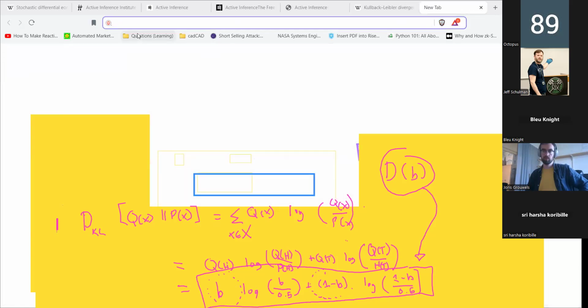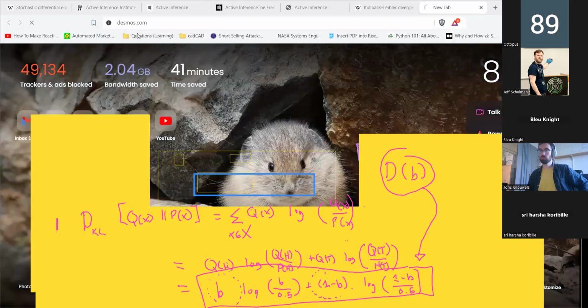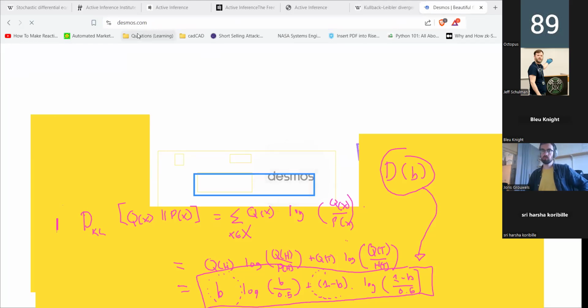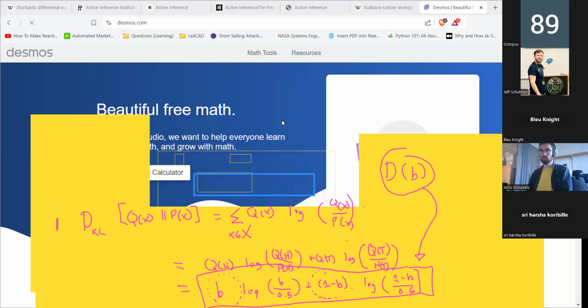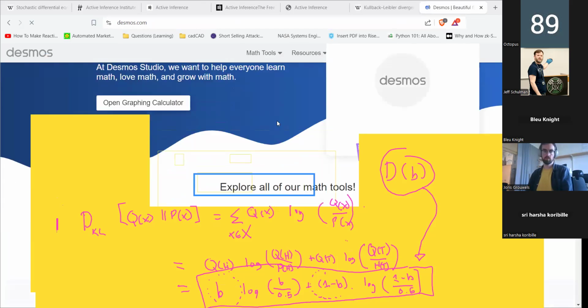I'm going to see if I can plot that. I don't think I can plot it with D's and B's in Desmos, but let's try anyway. And if I can't, we'll just switch the variables to F and X for the standard.